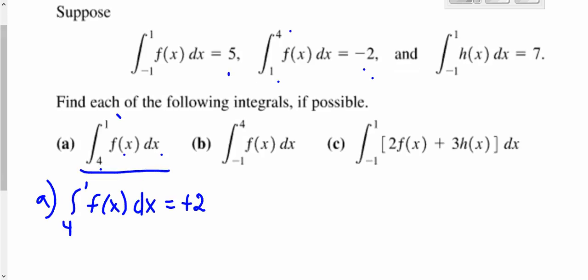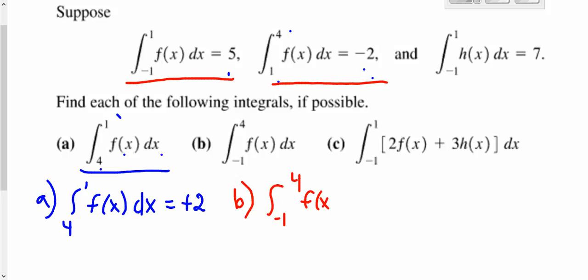Part B says from -1 to 4 of f of x dx. So we have 2 things that include f of x dx. We have -1 to 1, and we have 1 to 4, both of f of x dx. So what we do is the integral from -1 to 4 f of x dx, we have a property that says this is the same thing as splitting it at a number in the middle.